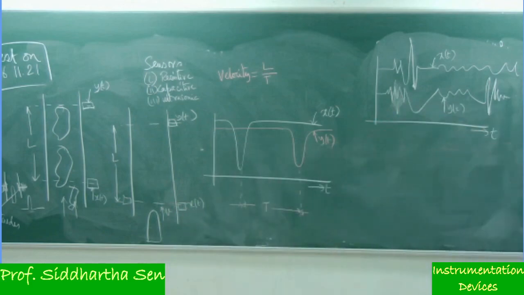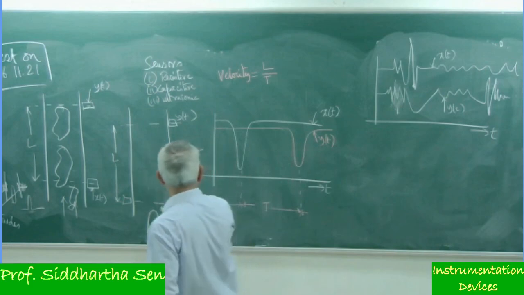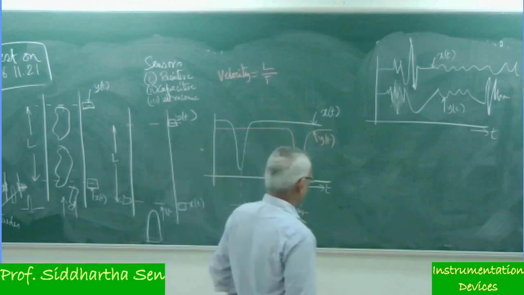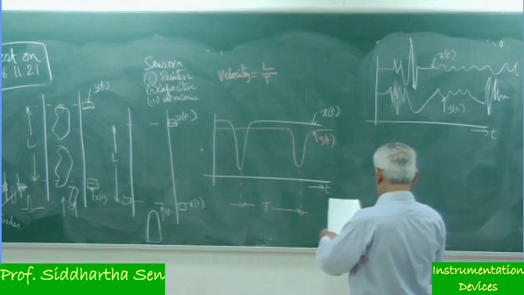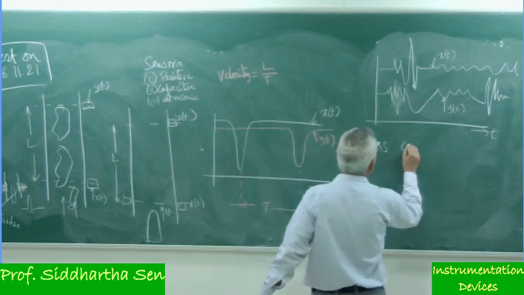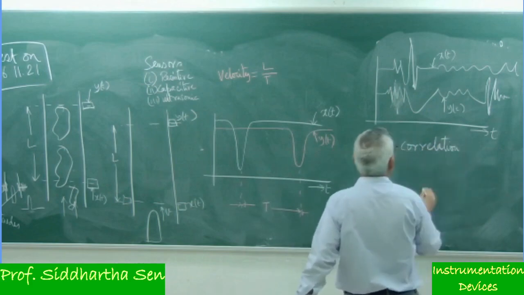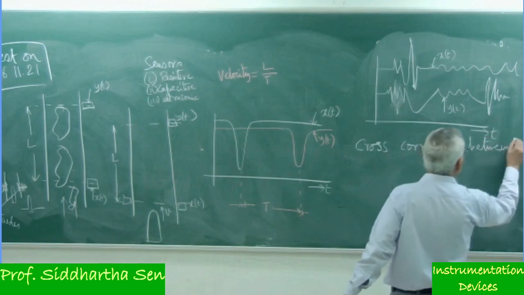To ensure that, since it is not apparent visually, what we can do is define the cross correlation between two signals.